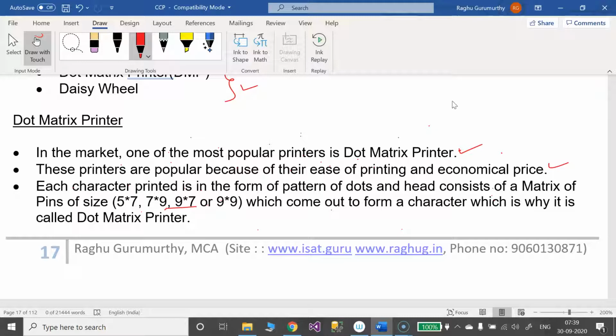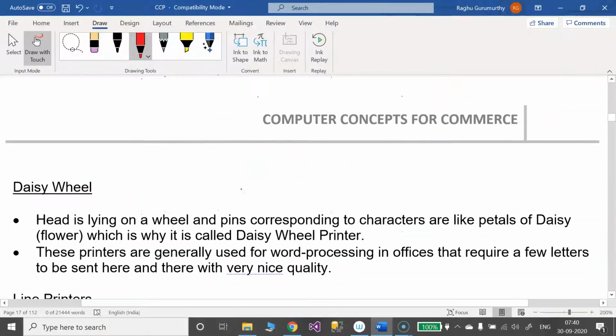So here, suppose we consider a character called R. If you maximize R, it actually forms R using dots like this. That's why they refer to it as dot matrix. Got it? Apart from that, the pin head size varies depending upon the font size.